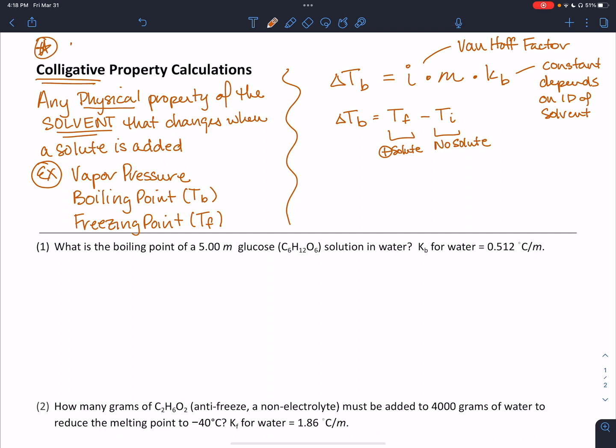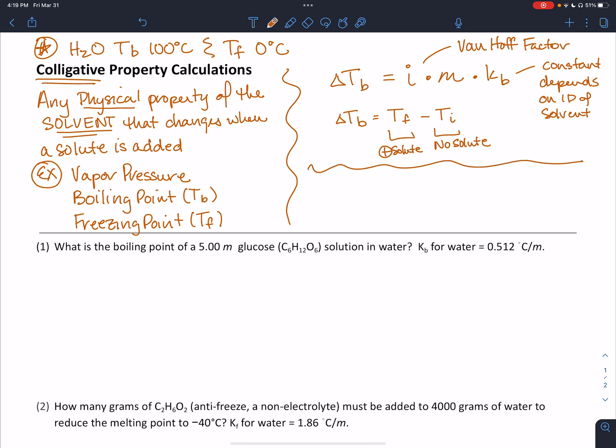Don't forget that for water, the boiling point is 100 degrees Celsius and the freezing point is 0 degrees Celsius. So just keep that in mind. Kb will be given to you.